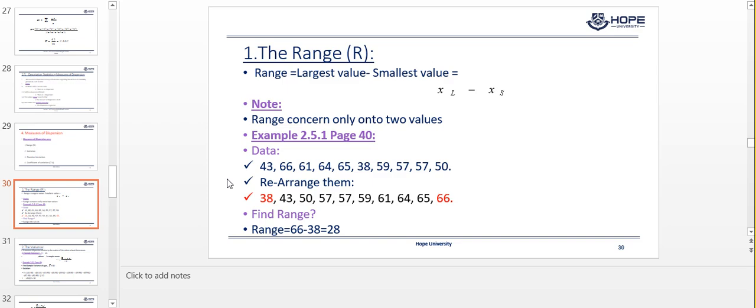The smallest number is 38, then 43, up to the highest number, 66. So we extract the smallest and largest numbers and subtract the smallest from the largest: 66 minus 38. We receive 28.